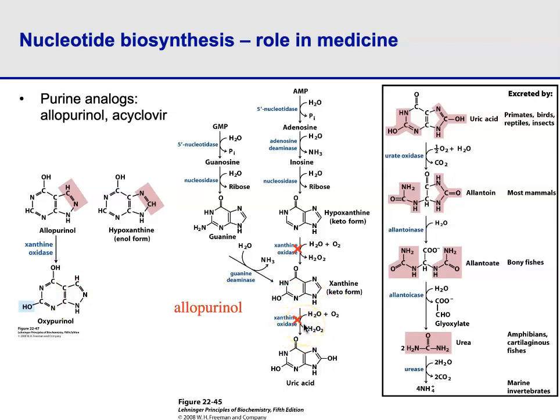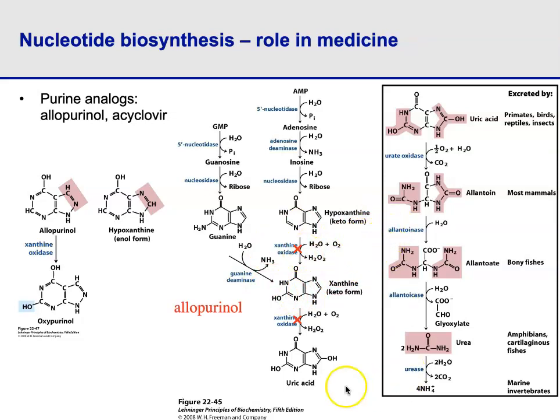The binding is so strong that xanthine and hypoxanthine cannot compete with oxopurinol to take it out of the enzyme, and as a result, we decrease production of uric acid. Most of the waste products of purine biosynthesis will remain as hypoxanthine or xanthine, which are just other compounds that can be excreted with urine.